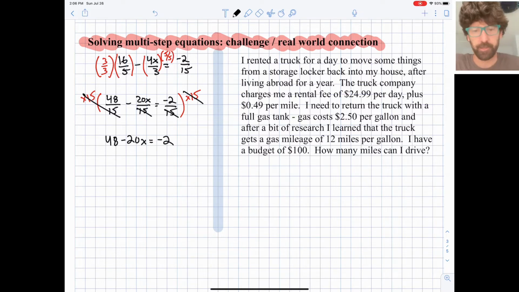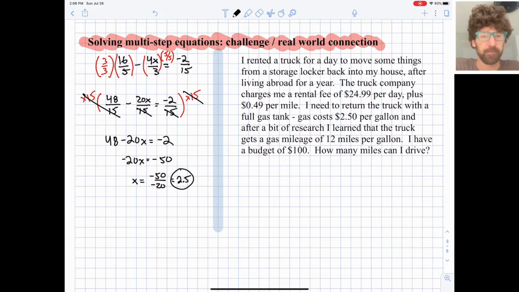Let's subtract 48 from both sides. I have negative 20x equals negative 50. And let's divide by negative 20. x equals negative 50 over negative 20, which is 2.5. So there's my solution right there. To keep my video not too long, I'm going to go through the check of this off screen, but we did get the correct answer right there of 2.5.